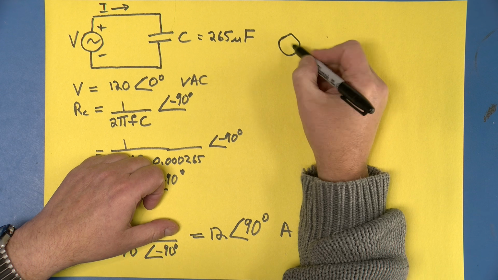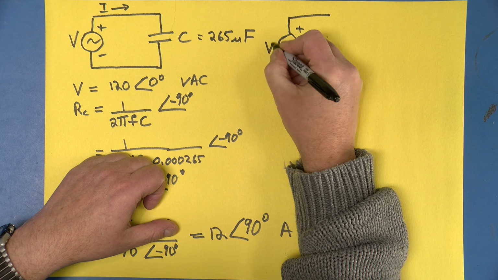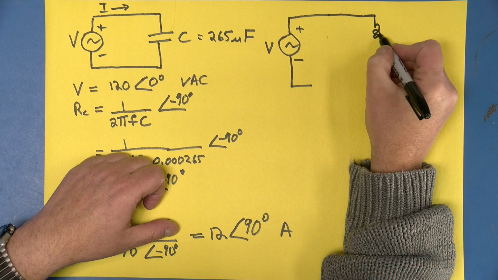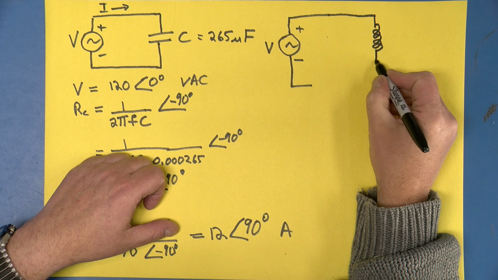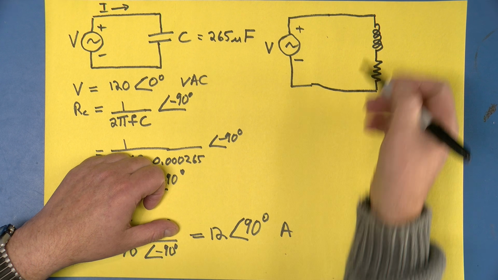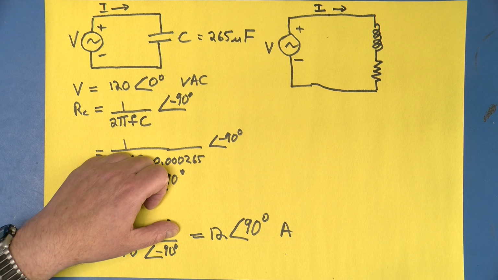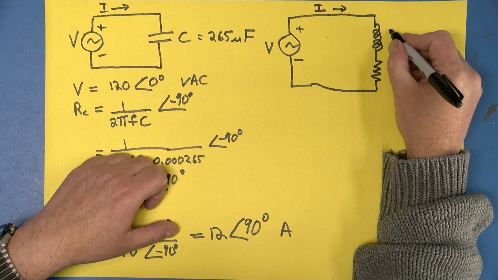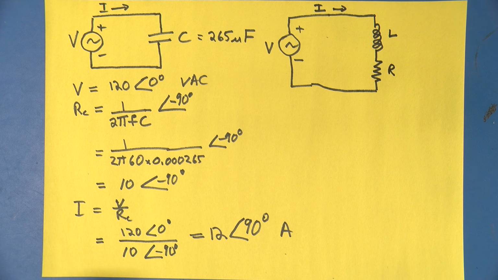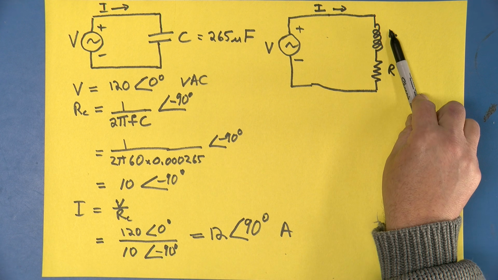And once again, we'll start off with a voltage source, V, and that voltage source is going to go to an inductor, and it's going to go through a resistor, and it's going to have a current I, just as we did before. This is the inductor L, this is the resistor R, and we will assume that this was the inductor and the resistor we used in the previous example.